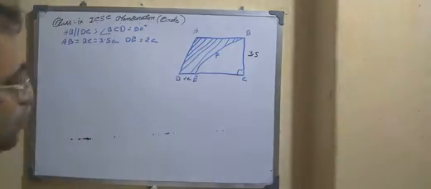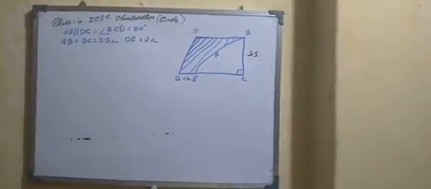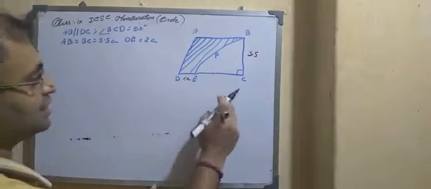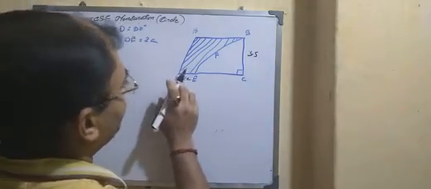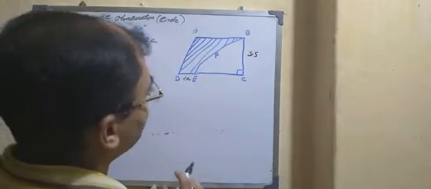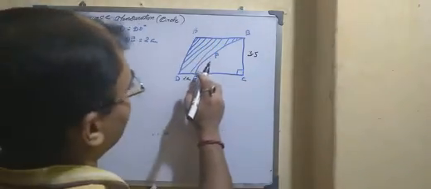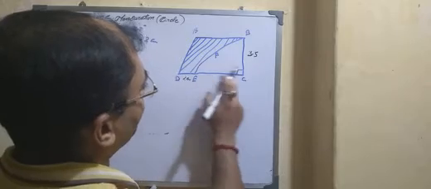So what will we do? Here it is the quarter circle, and this is the radius. At first you have to find the area of the trapezium, then subtract the area of the quarter circle.